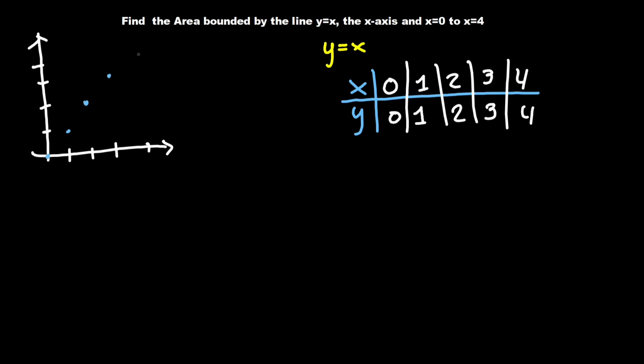So this is a linear equation. Good enough. And so our limit here would be equal to x equals 0. So it's around here. And x equal 4. This would be x equal 4. So the area would be this one.